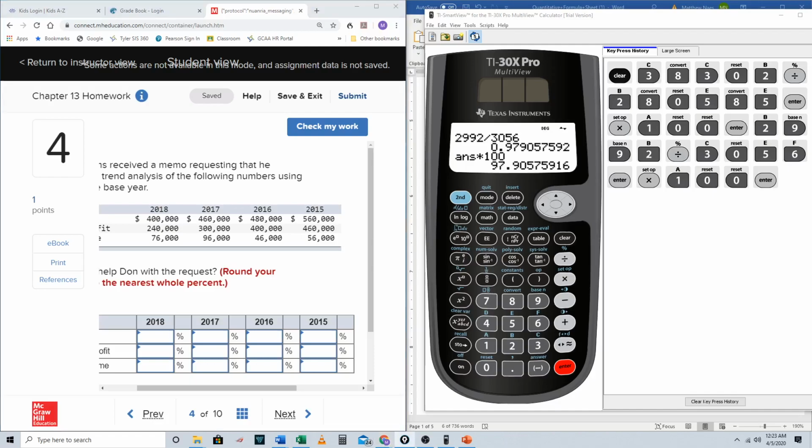Okay. Now what that means, since this right here is the base year, this whole row is going to be divided by 560,000. Every number in this row is divided by 560,000.